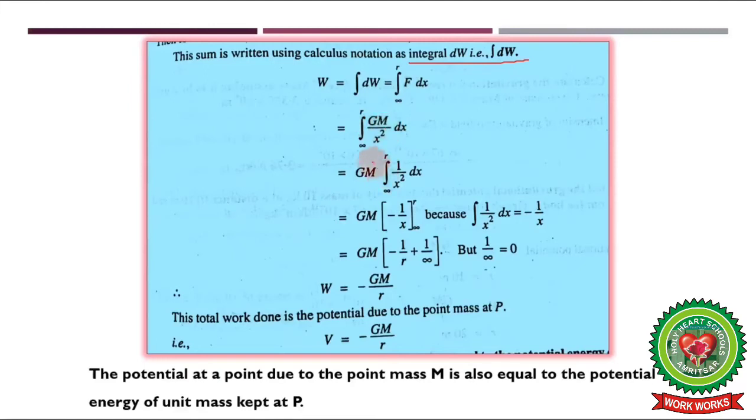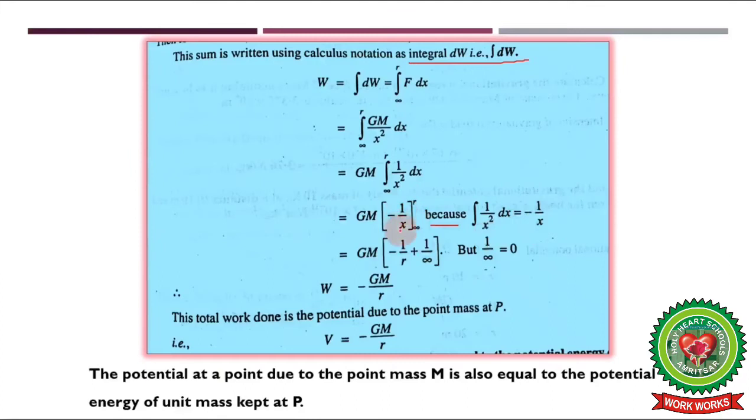G and M are both constants, so we take them out and now integrate 1 upon x square dx from infinity to r. The integration of 1 upon x square is minus 1 upon x. This is the rule of integration.